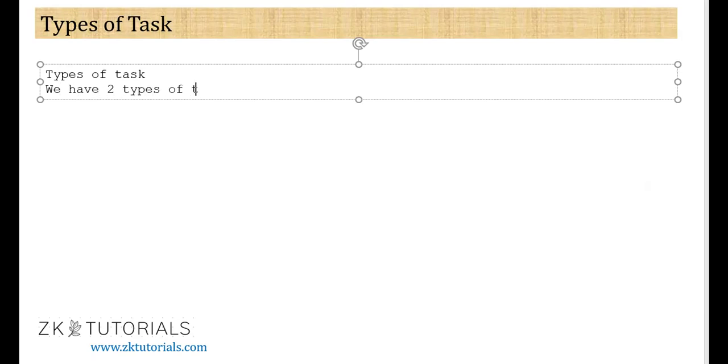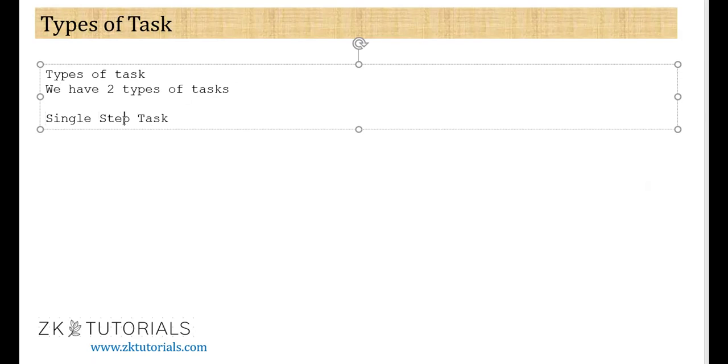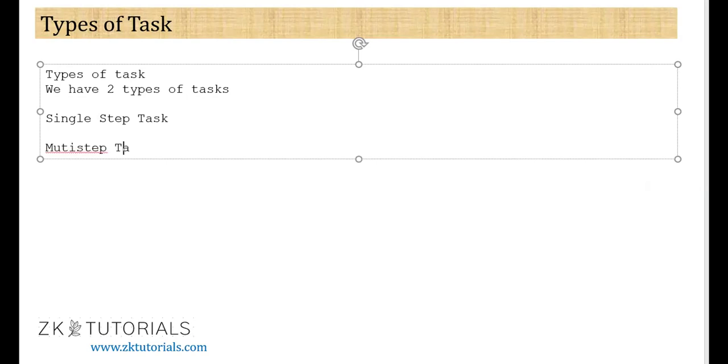One is single step task and another one is multi step task. So we have two types of task: one is single step task, another is multi step task or multiple step task. Let's say this. Okay, sorry, MULTI, we are having.